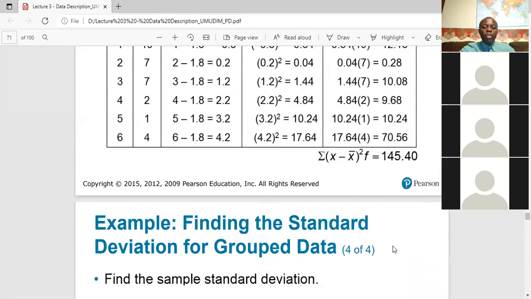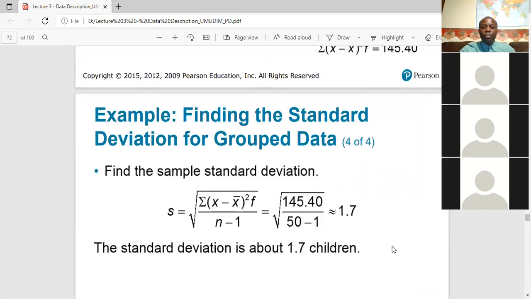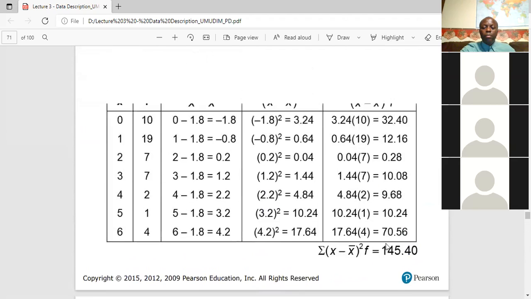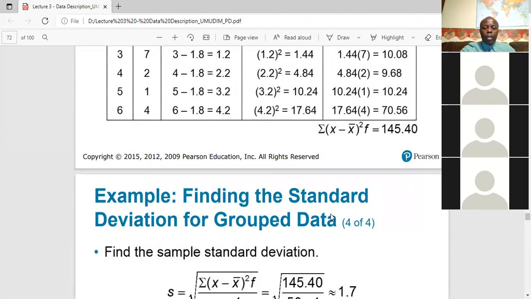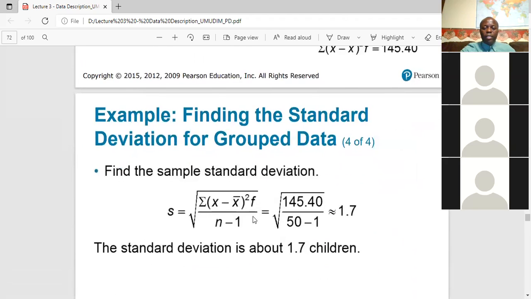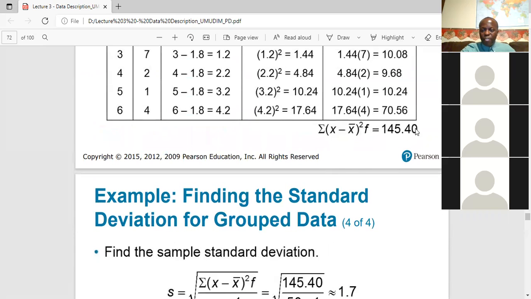So with these two pieces of information, you can now get your standard deviation. The total of this one here, you can see right here. Now you can put in the formula. Standard deviation now becomes the square root of sum of x minus x bar squared times f, which is right here, 145.4.